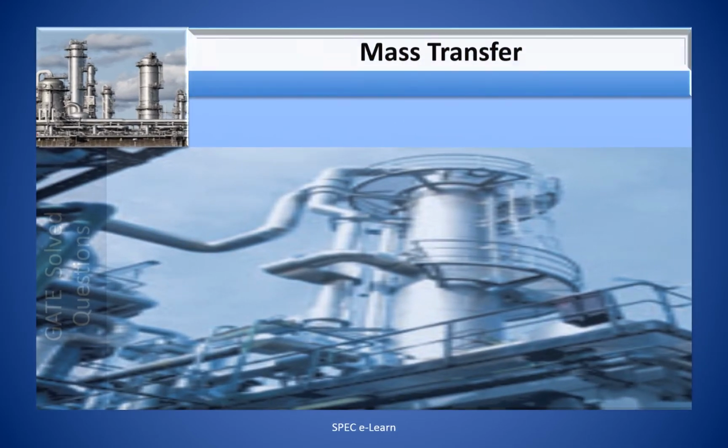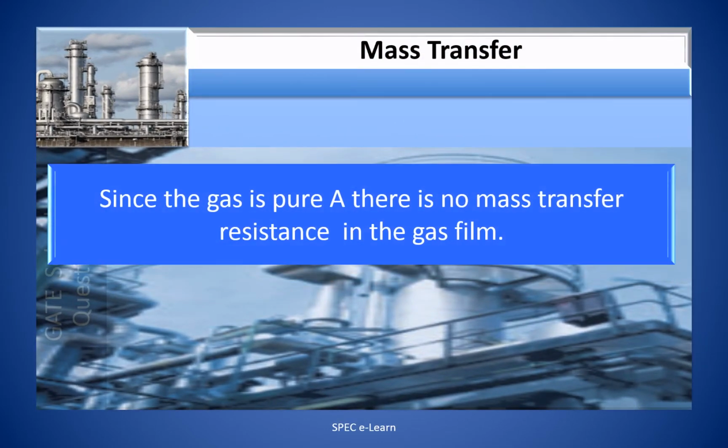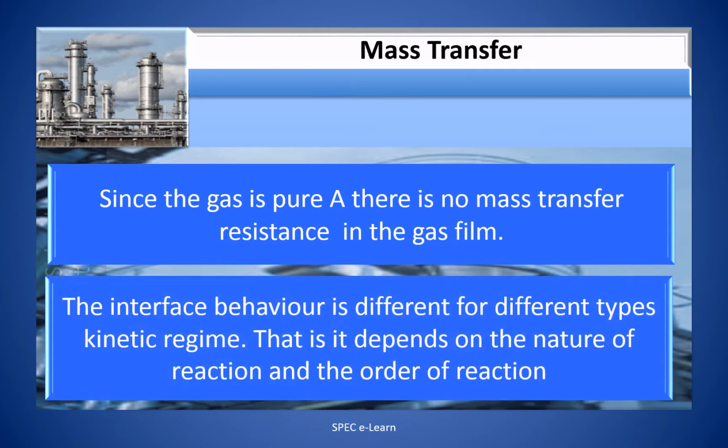Since the gas is pure A, there is no mass transfer resistance in the gas film. The interface behavior is different for different types of kinetic regime. That is, it depends on the nature of the reaction and the order of the reaction.